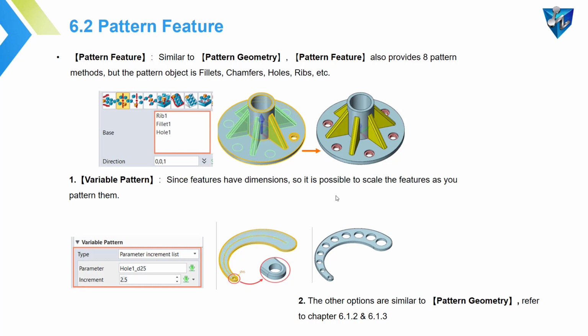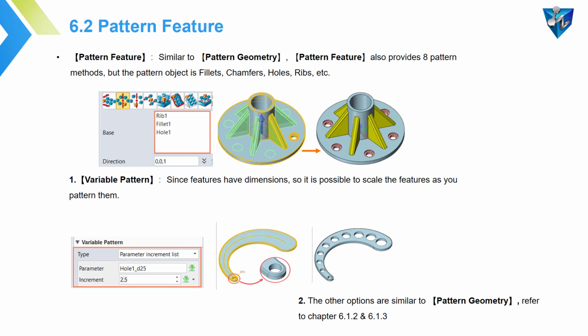And after pattern geometry, next I will introduce pattern feature. In ZW3D, fillet, chamfer, hose, rib, draft all belong to features. In ZW3D, we also provide 8 methods to make pattern for single or multi features. And almost all the options are similar to pattern geometry.